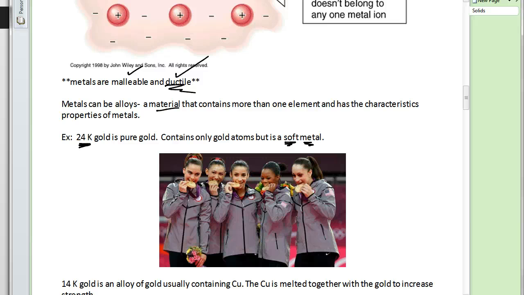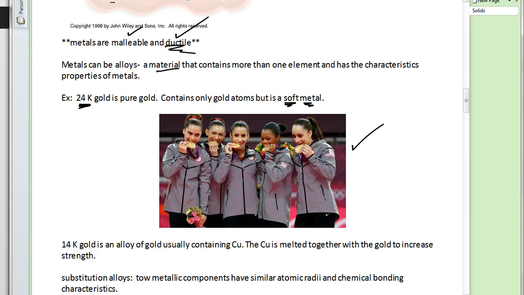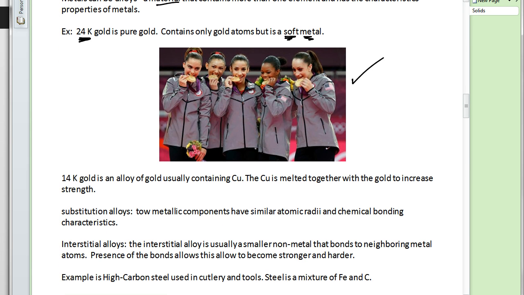So that's why our gymnast team there is biting into it. It's a kitschy little thing people do when they win a gold medal, to prove it's real. They'll all take a picture of themselves biting it. But it comes from that old way to tell if something's gold: you bite it and see if it leaves a tooth mark.